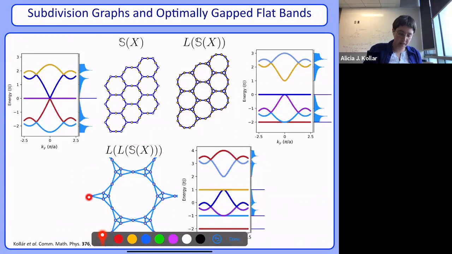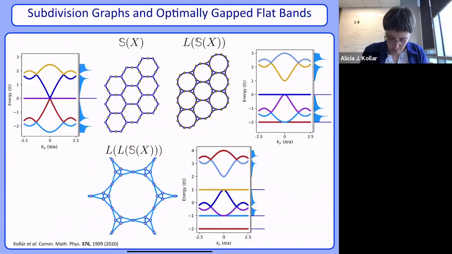And when we do that, this is the effective photon model. And this is now the line graph of a line graph. And so it has a flat band at -2 and a huge gap of one hopping unit before the next states. And what Peter was able to prove is that this is the largest possible gap that you can get for starting from any 3 regular graph.